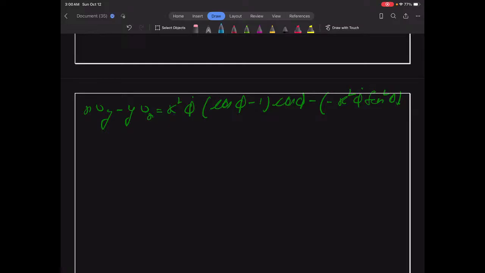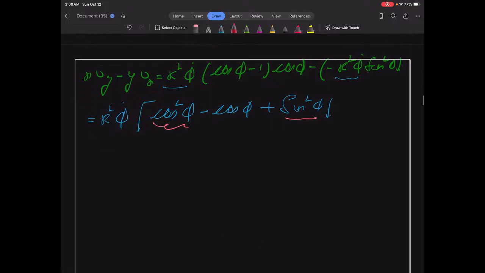We multiply cos inside, so we get cos square phi minus cos of phi, and this will be coming as plus sine square phi. This cos square plus sine square is going to give us 1. So from here we get R square phi dot times 1 minus cos of phi.